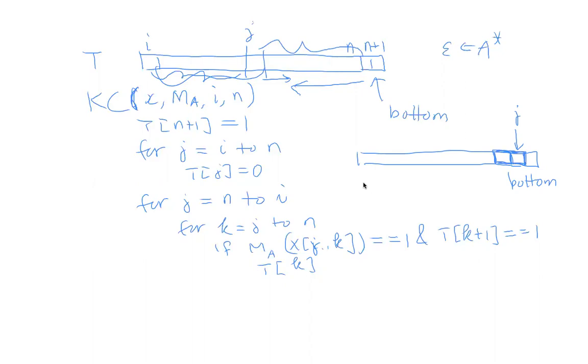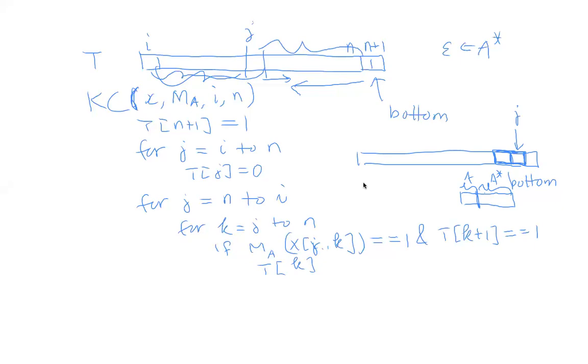So in order to show a portion is in A star, again, we want to break it. We try all possible breaking points, so try to see whether this is in A, this is in A star. Okay, so that's what this means. So if x of j to k is 1, that's in A, and t of k plus 1 is 1, so that means the string after that, the suffix, is in A star.